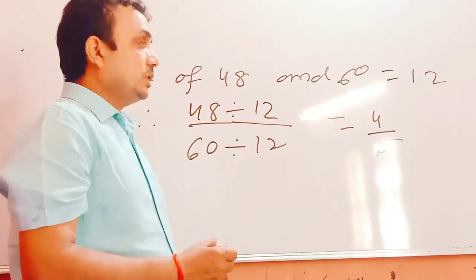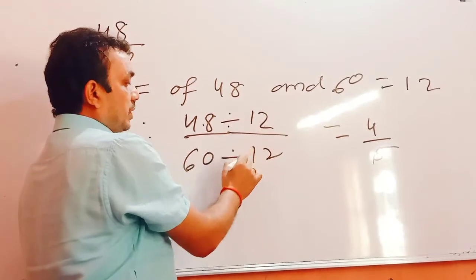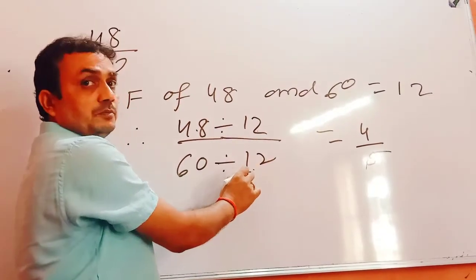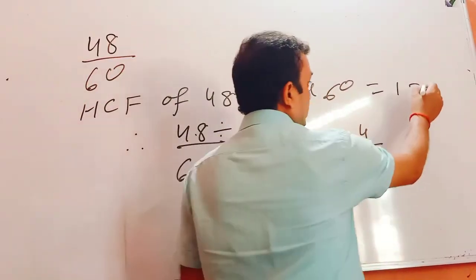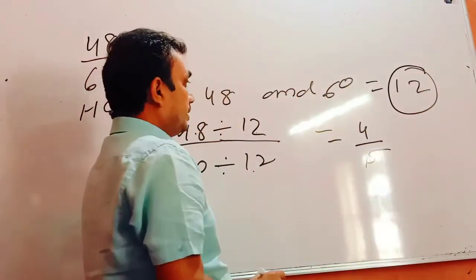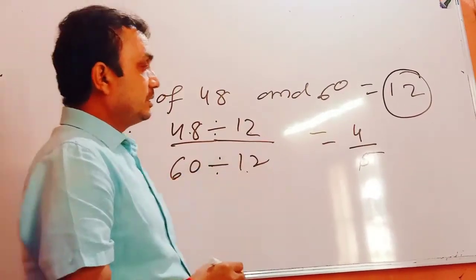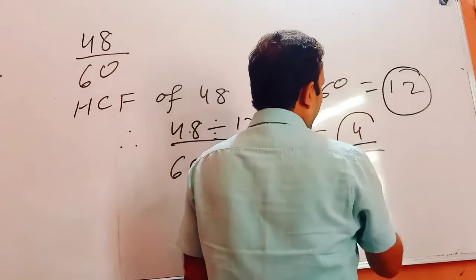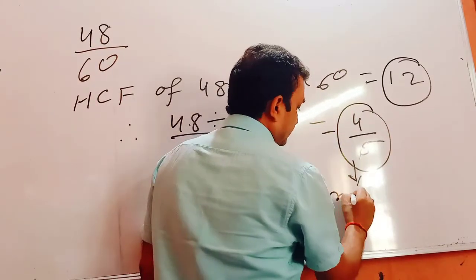So we divide the numerator and the denominator by 12, because our HCF is 12. 12 fours are 48 and 12 fives are 60. 4 by 5 is the smallest fraction.